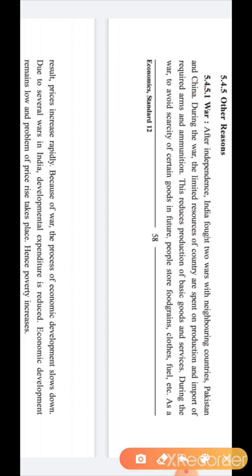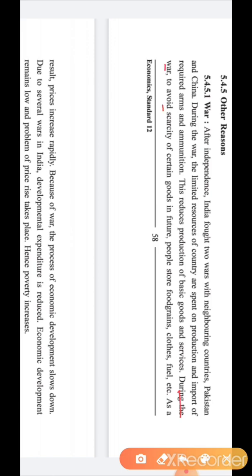Because of the wars with Pakistan and China, our country had to use limited resources on purchasing and producing arms and ammunition. This reduces the production of basic goods and services, as the country is not able to focus on production of goods and services.